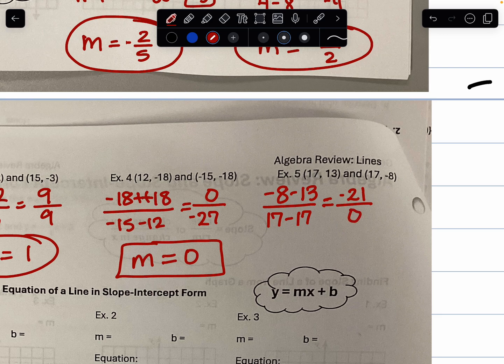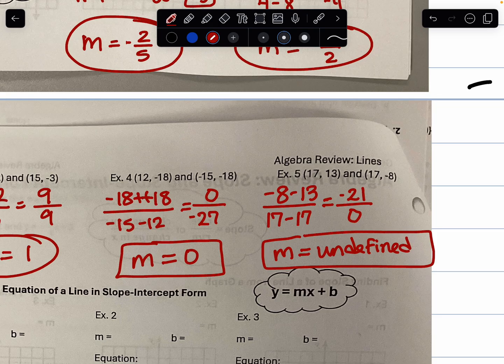Now, who can tell me what happens when we get 0 on the bottom? Undefined, right? Because, can I divide you guys into 0 groups? No, right? It's not possible. You cannot divide by 0, so 0 on the top is 0, 0 on the bottom is undefined. Yes? Okay? Simple enough, eh?